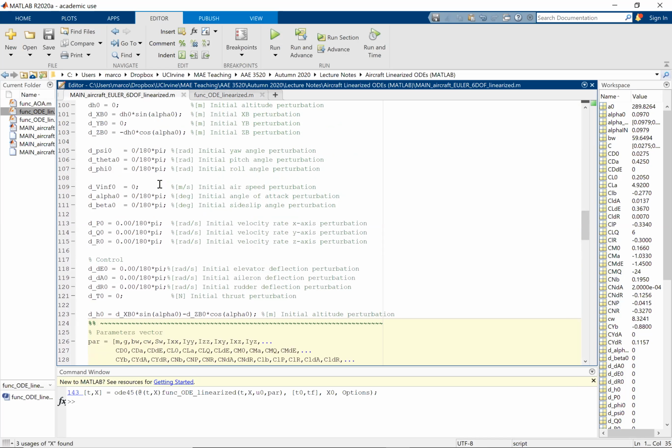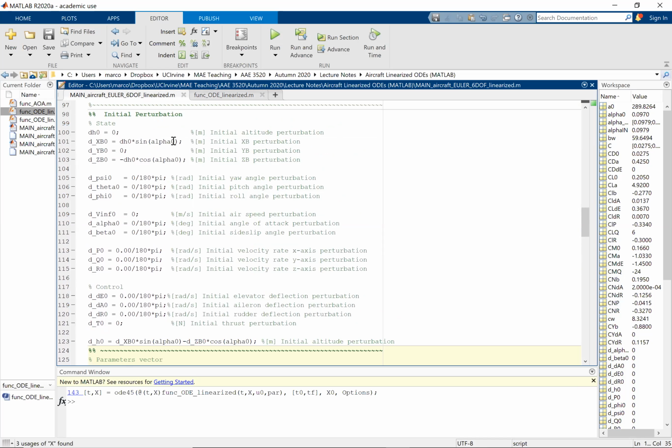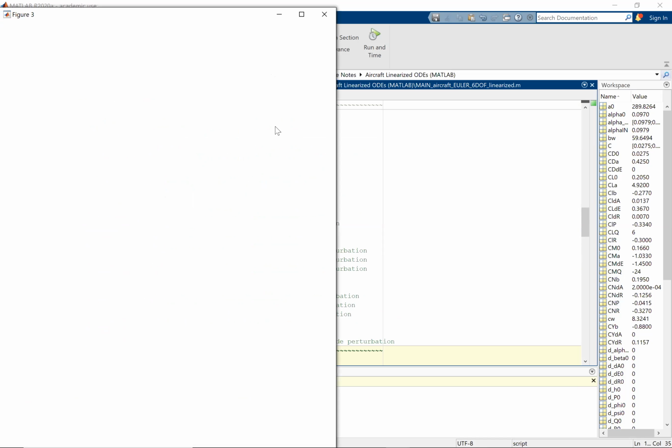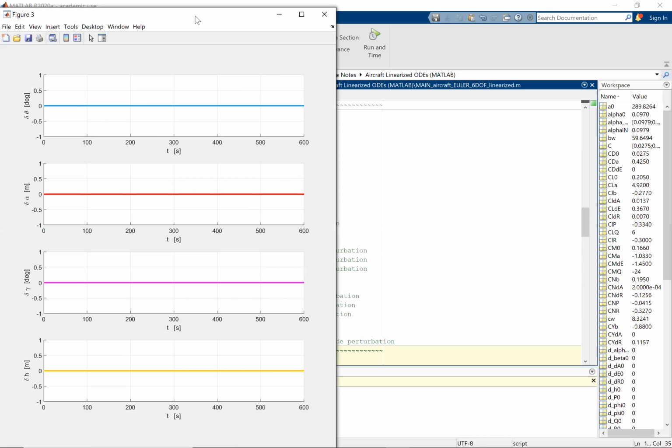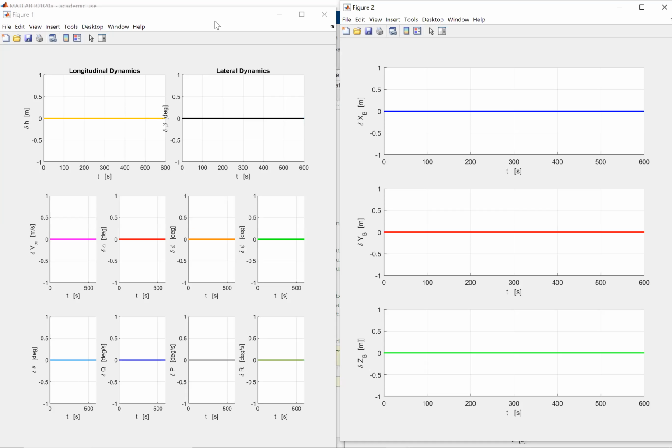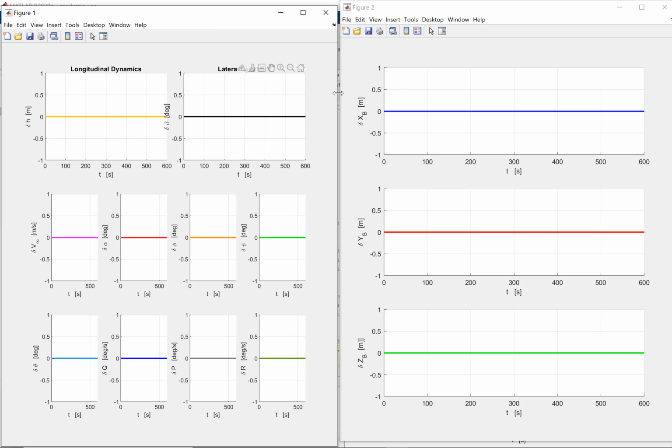All right, so let's see what we are getting. And let's first try the case where all the perturbations are 0. I guess the figure that is more interesting to look at here is figure number 1.